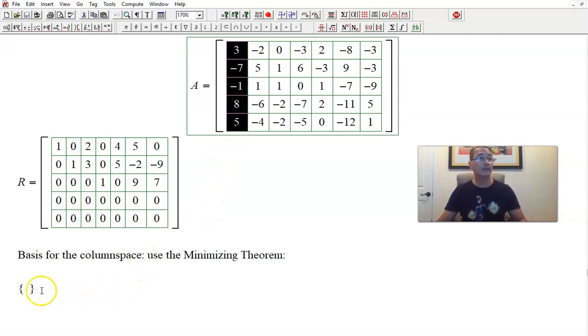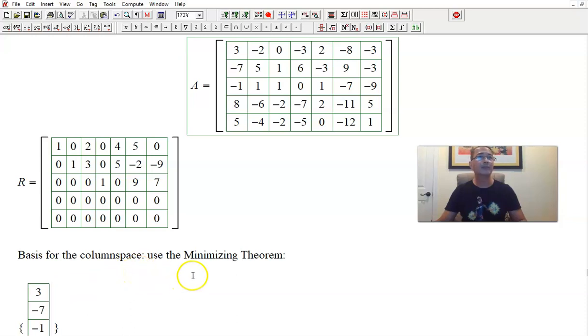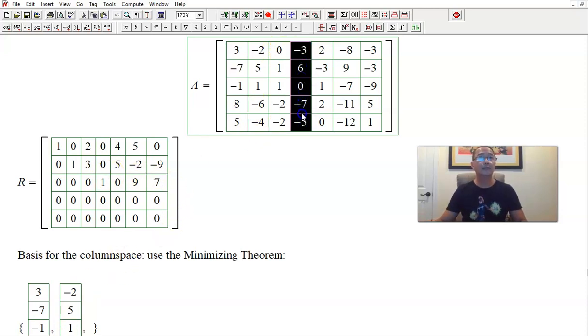So let's copy it down here. And then we have column 2, so let's put a comma here, and there's column 2. And then we have column 4, so let's scoot that over here.